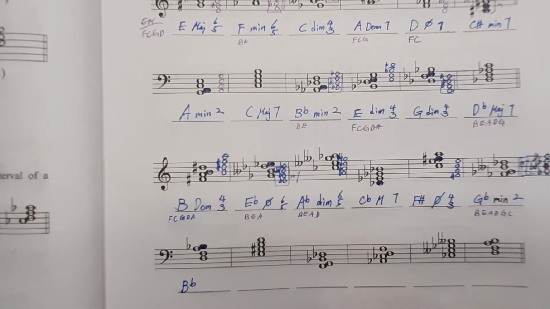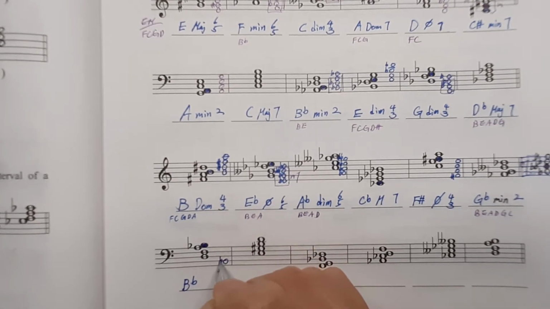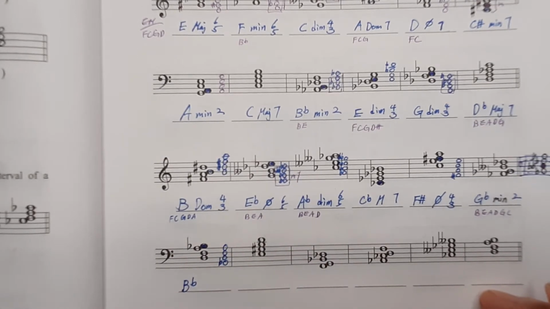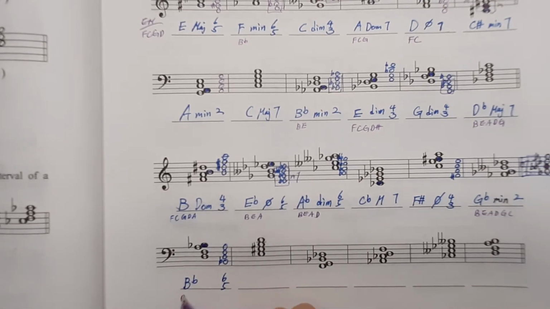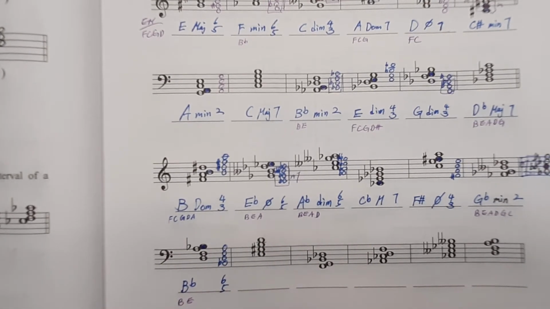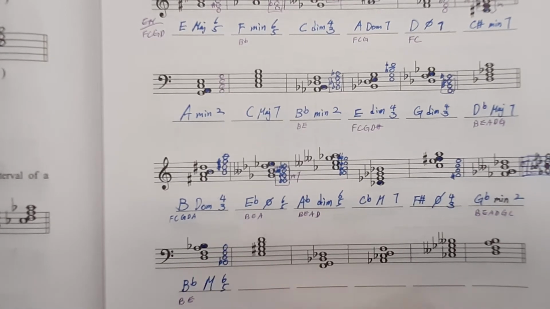When you put them in the simplest form, it's going to be B flat, D, F, and A. Okay. All right, so this is 6/5 because it's a first inversion, right? Okay. Now what do you have in the key of B flat major? We have a B flat and E flat. Yeah. Everything belongs in the key of B flat major, right? So this is major 6/5.